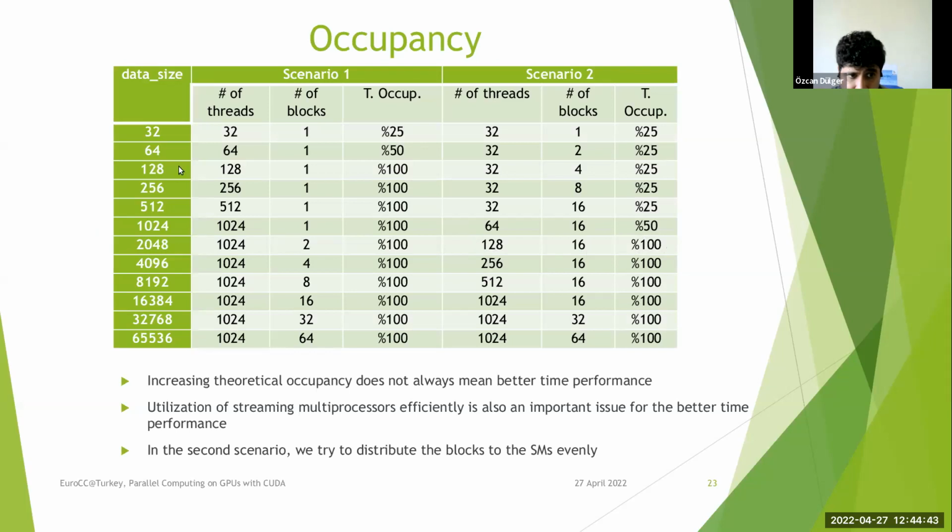As you see, when the data size is 2^11, the theoretical occupancy of scenario 2 is 100%. But scenario 1 achieves that value when the data size is 2^7. In terms of occupancy, scenario 1 seems better, but in terms of efficiency, let's examine.